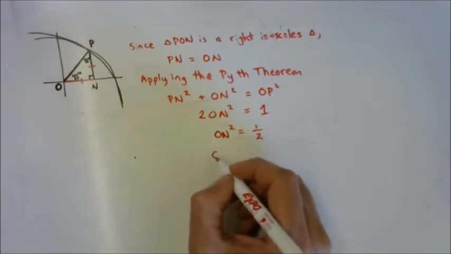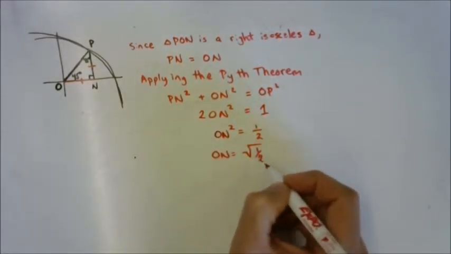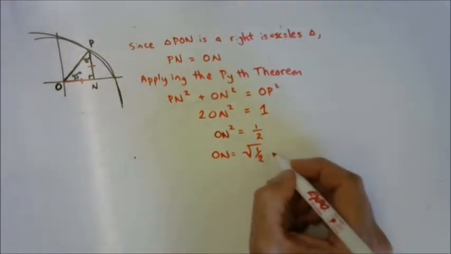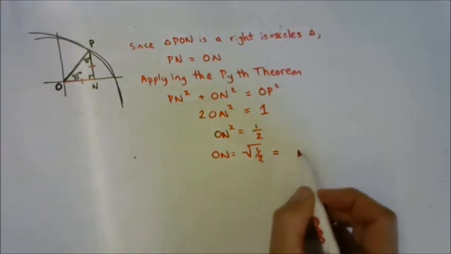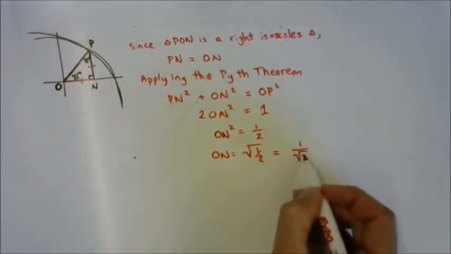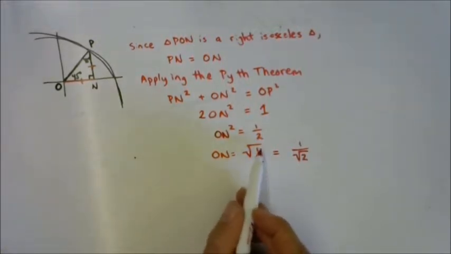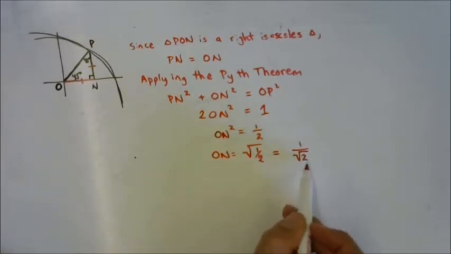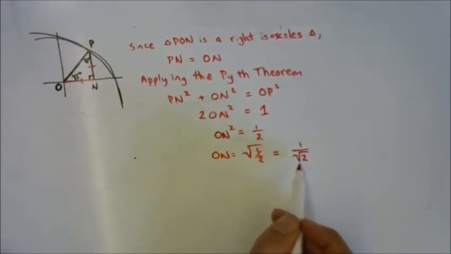So that will give me ON equals the square root of 1/2, or that can also be written as 1 over the square root of 2. You might see it this way sometimes, and sometimes you might see it the other way. They're both equal. They're the exact same thing.